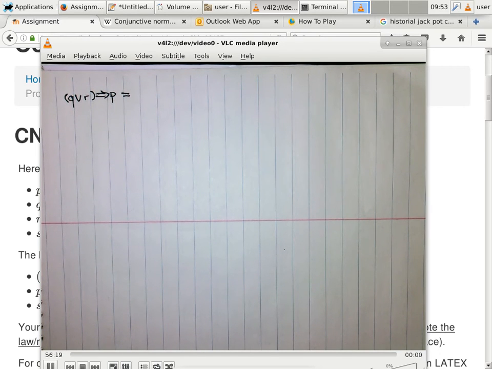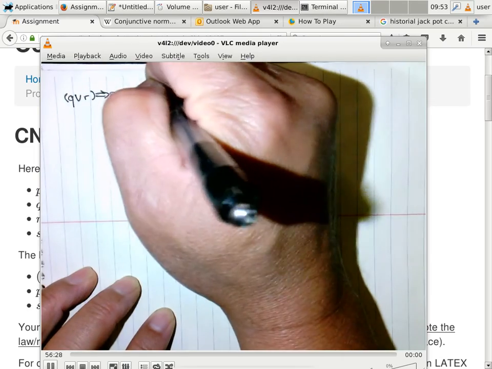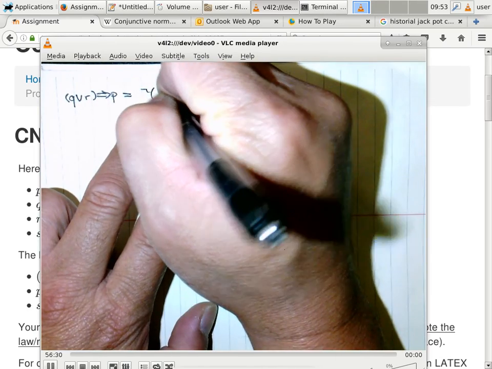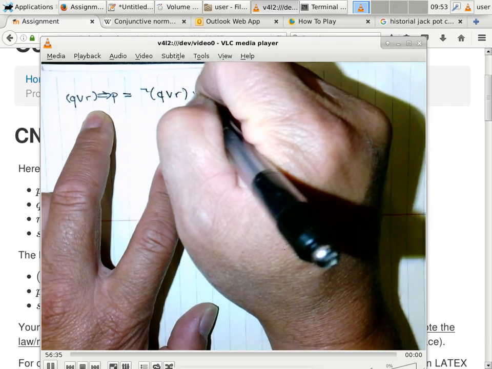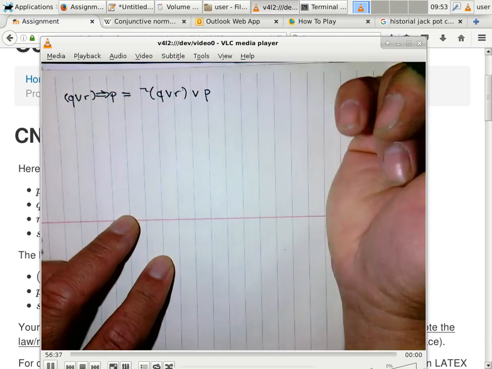The first thing we need to get rid of is the implication, because implication is not a disjunction, nor a conjunction, nor a negation, so we need to get rid of it. That's pretty easy. We take the negation of the first part, which is Q or R together with a disjunction, and then we say or the second part, which is just P itself.